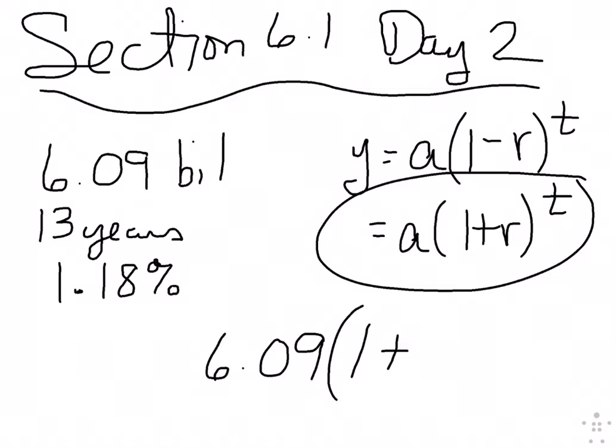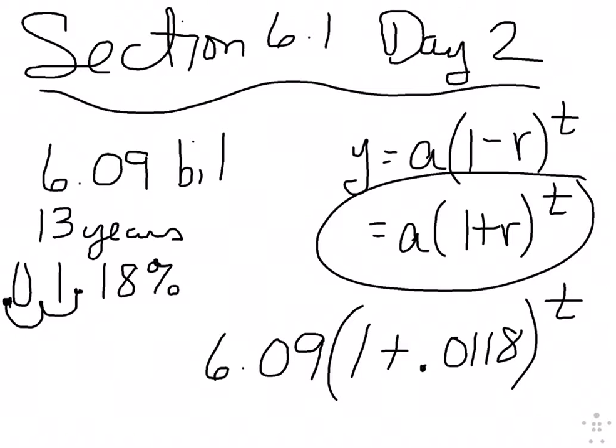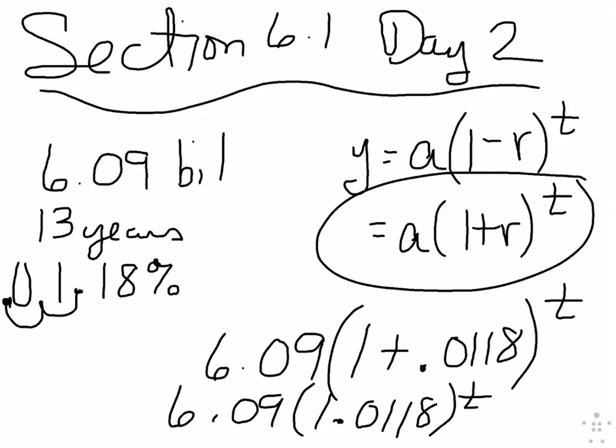When you move it 2 places to the left, 1, 2, that's really going to be 0.0118 to the T. So what is 1 plus 0.0118? 1.0118 to the T. Okay? So there's my formula as far as the population growth model.